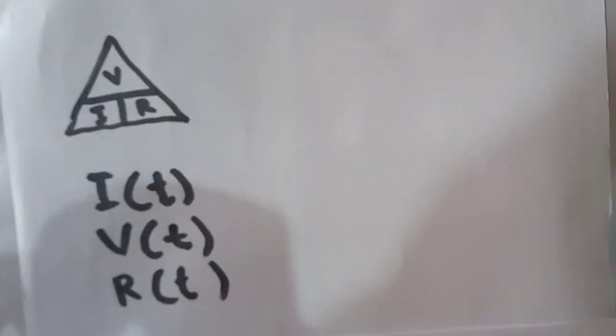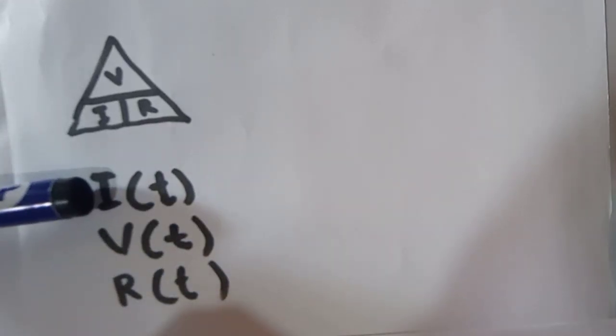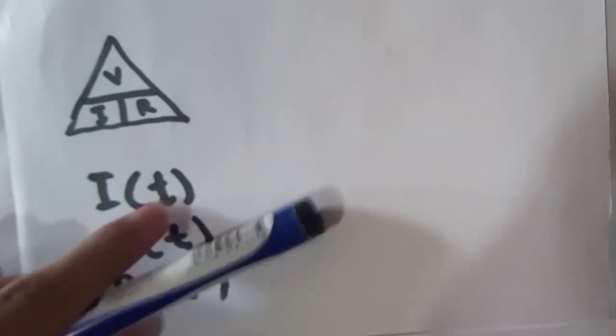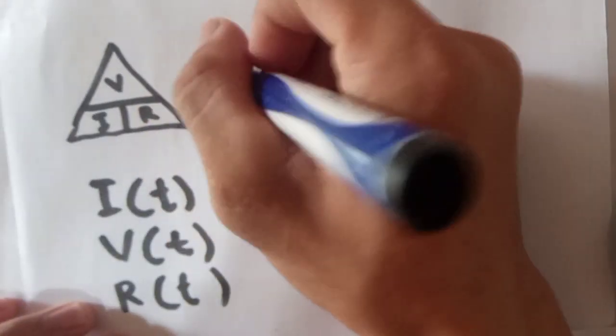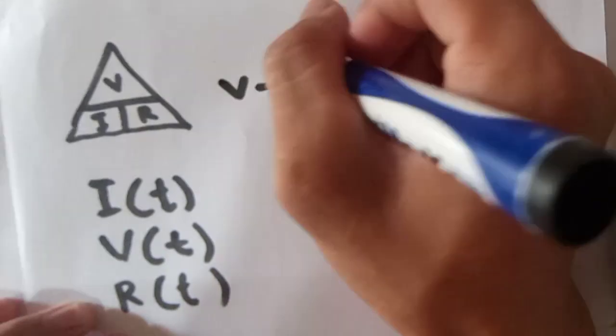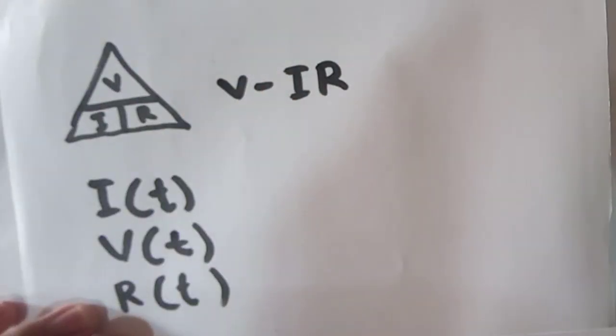So what if we take the derivative of this function with respect to time, multiplied by resistance? We use the equation for voltage, wherein voltage equals I times R in Ohm's law.